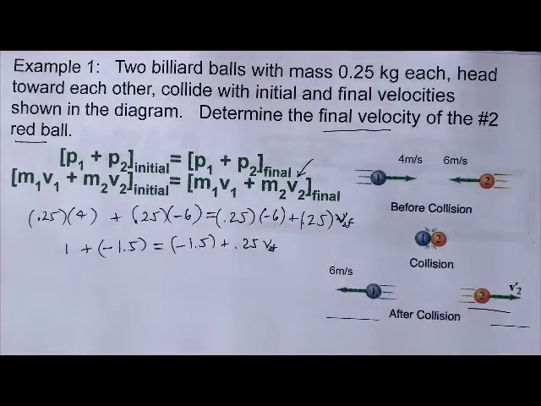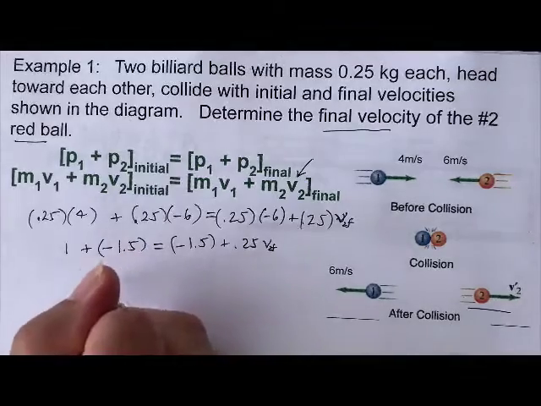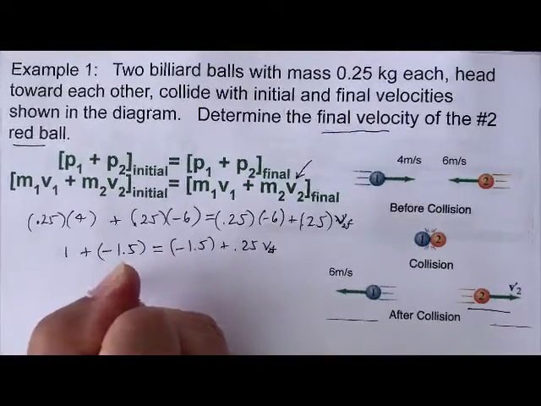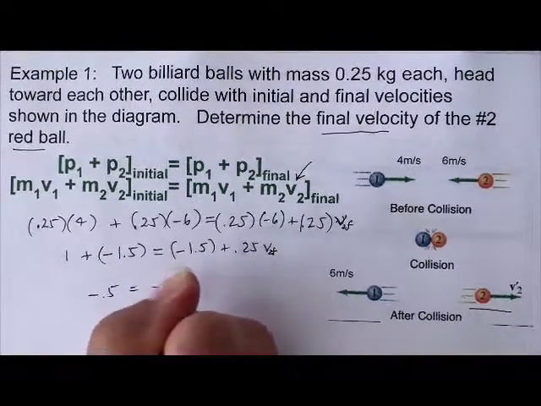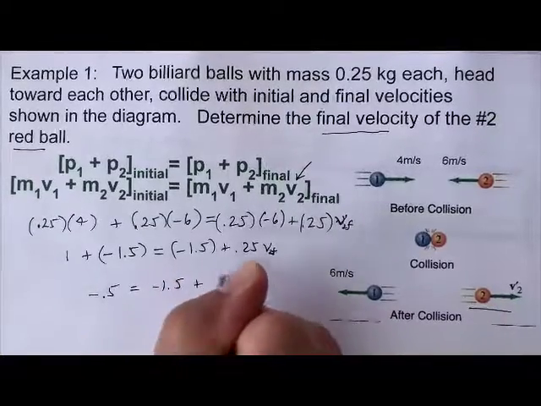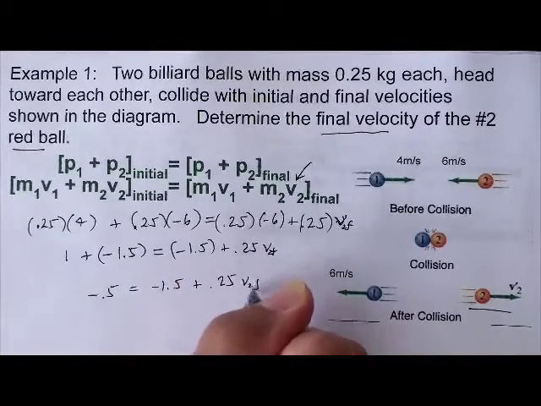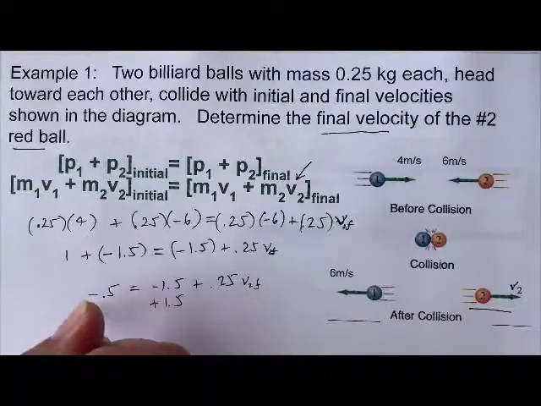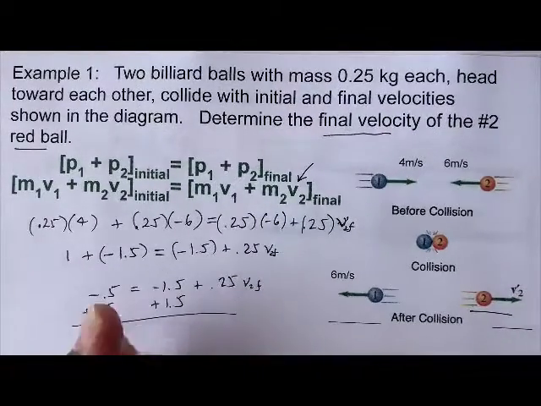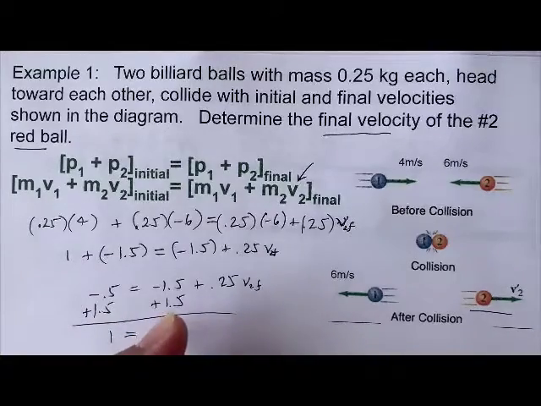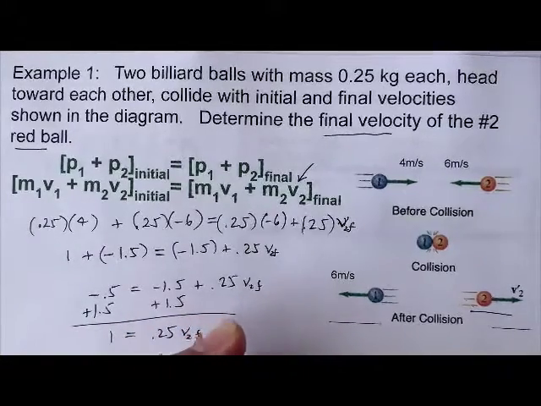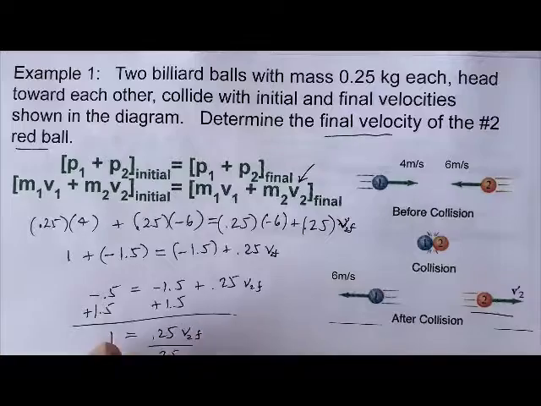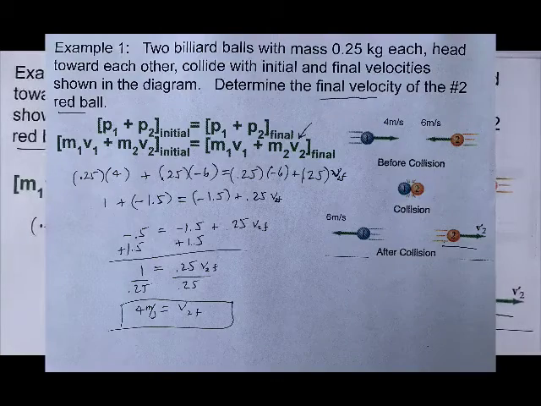Adding that up, we get negative 0.5 equals negative 1.5 plus 0.25 v final. Solving for this, I add 1.5 to both sides and get 1 equals 0.25 v2 final. Divide both sides by 0.25, and v2 final will equal 4 meters per second.